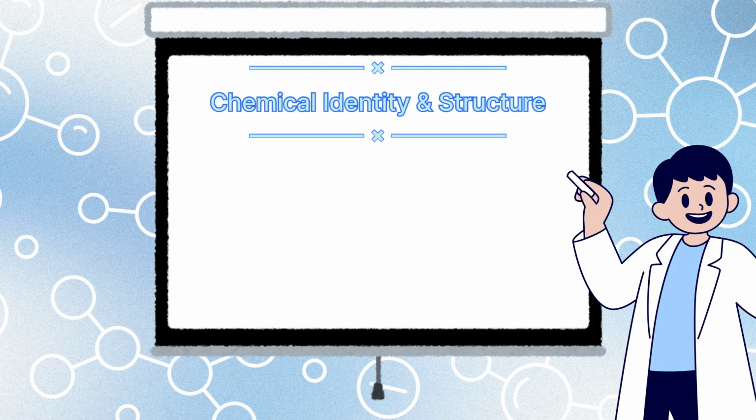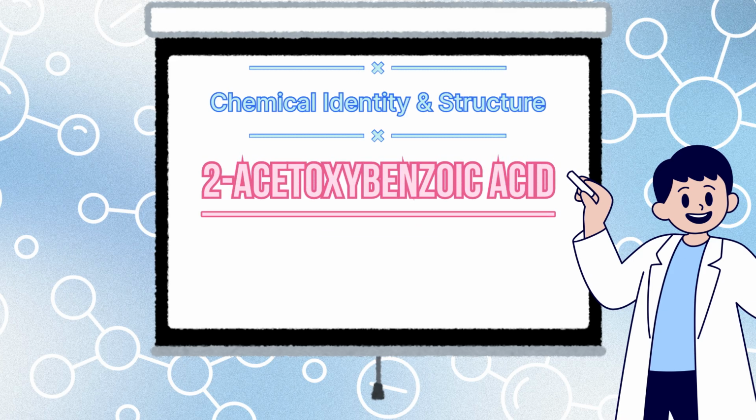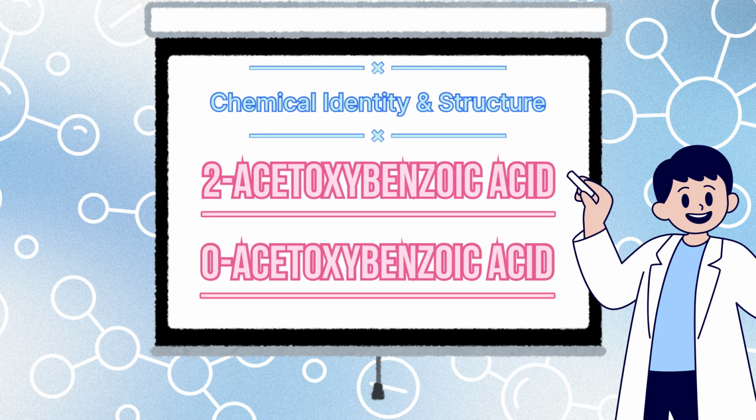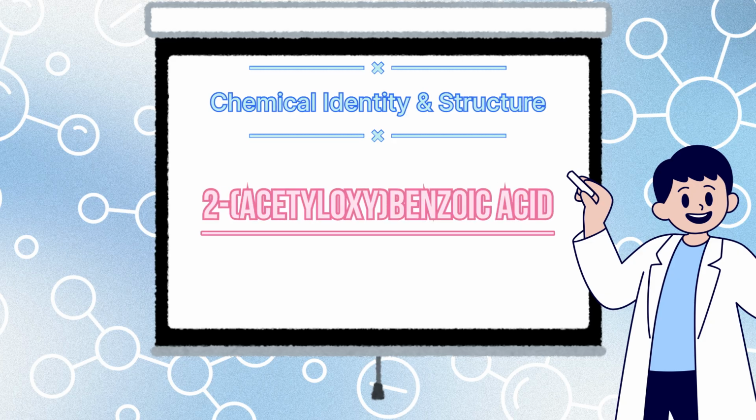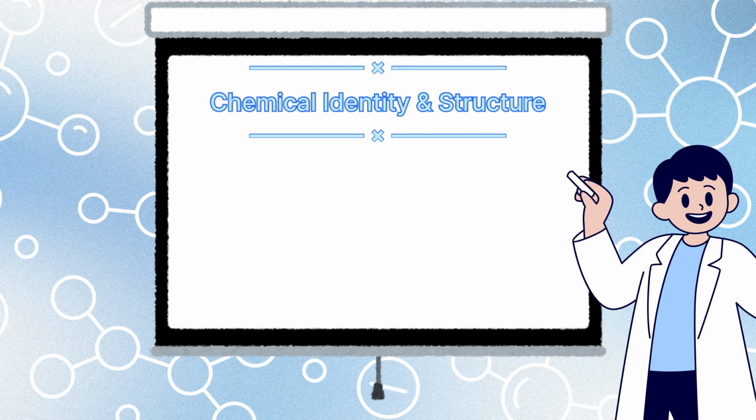Chemical identity and structure. Aspirin's chemical formula is C9H8O4. Its IUPAC name is 2-acetoxybenzoic acid, or orthoacetoxybenzoic acid, and its systematic name is 2-acetyloxybenzoic acid.